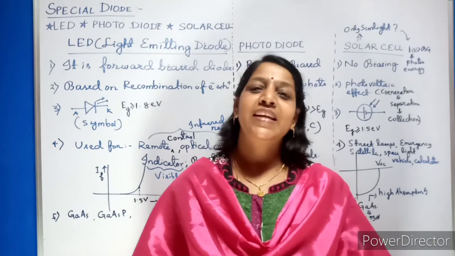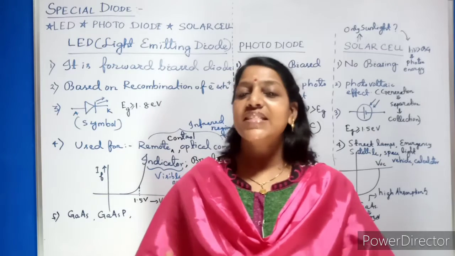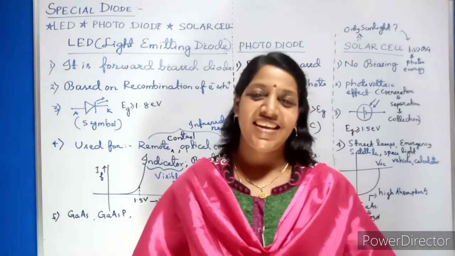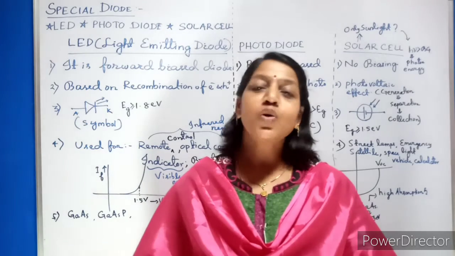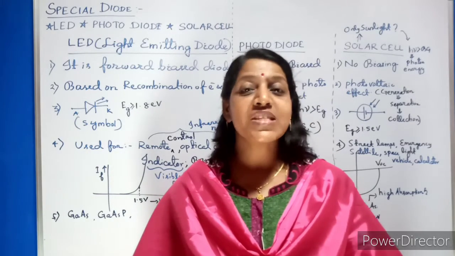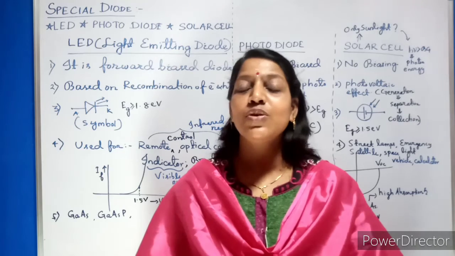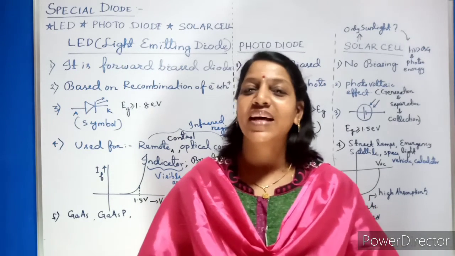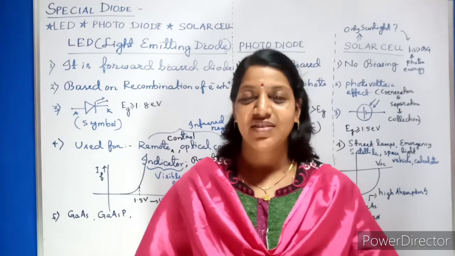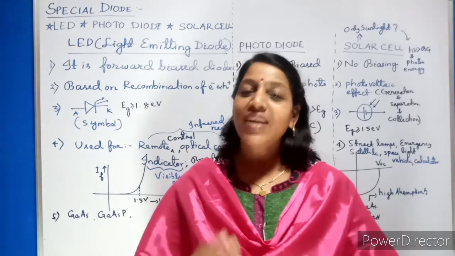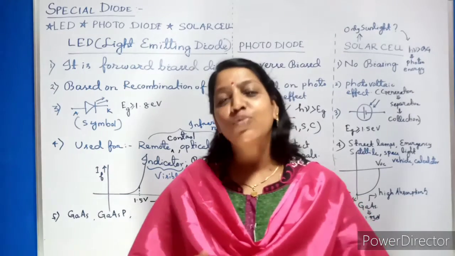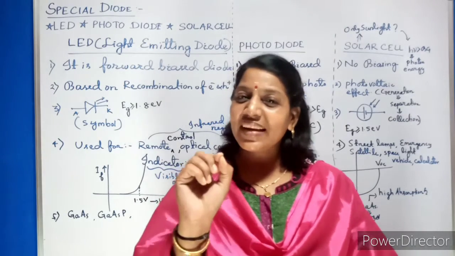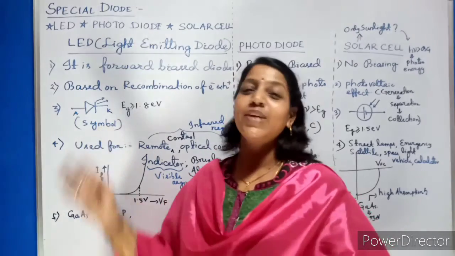So on both sides there will be majority and minority charge carriers, and as you know, electrons and holes are oppositely charged, so they will start to combine with each other. This process is called recombination. Due to this recombination, light is emitted, or photons are liberated. Hence it shows a little bit of light. That is nothing but your LED.